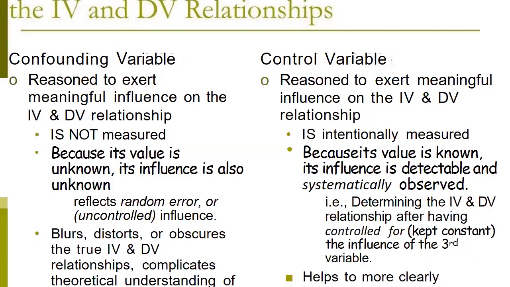Its value is unknown, so its influence is also unknown. If you are not measuring it, you don't know what this confounding variable will contribute. It reflects random error, this is part of the random error, and it is an uncontrolled influence. So when we are planning the study, we focus on confounding variables in the inclusion criteria.